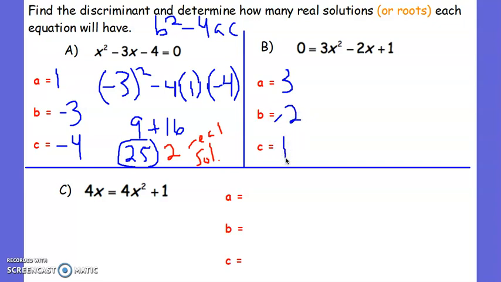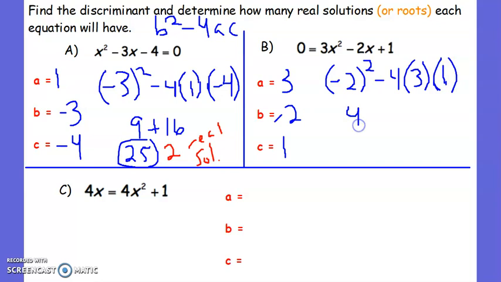So -2 squared minus 4 times a times c. That makes 4 minus 12 is a -8.